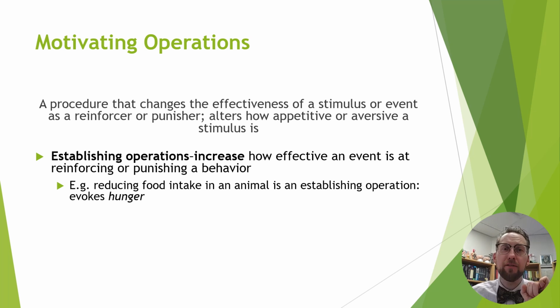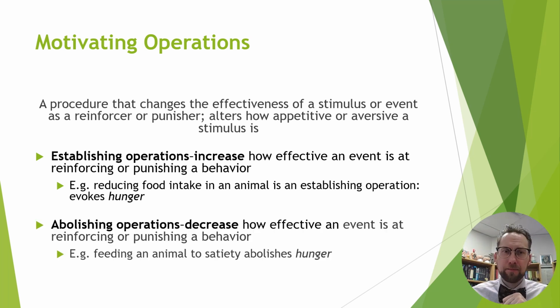So, for example, if you restrict the amount of food, let's say, a rat can eat, that is an establishing operation because it evokes a state, namely hunger. You have created that by not allowing the rat to eat a lot. Then there are abolishing operations. Well, I hope you can see where this is going.